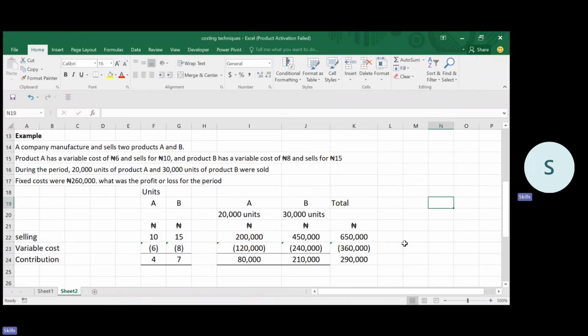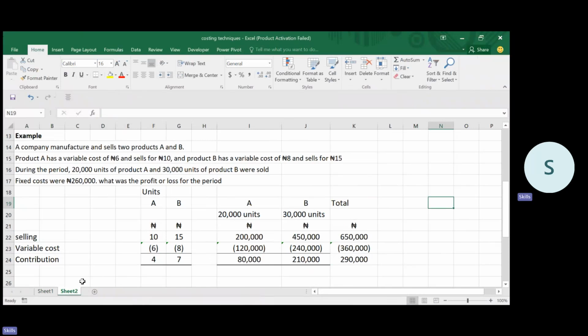So to determine the profit from this, our total contribution for A and B is 290,000. To now get the profit, you now say fixed cost.